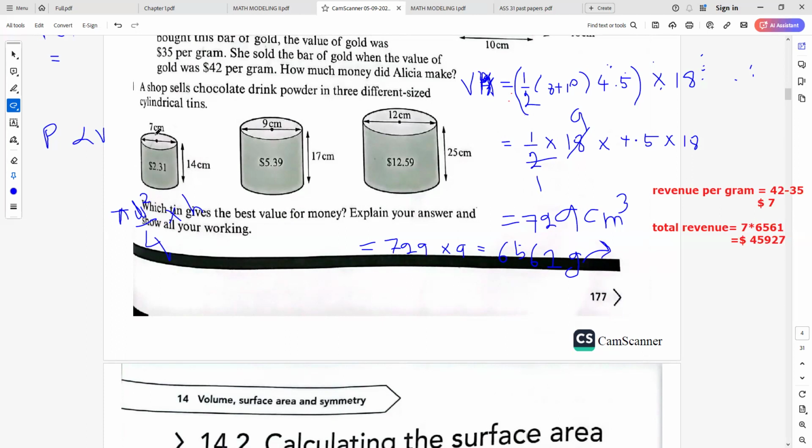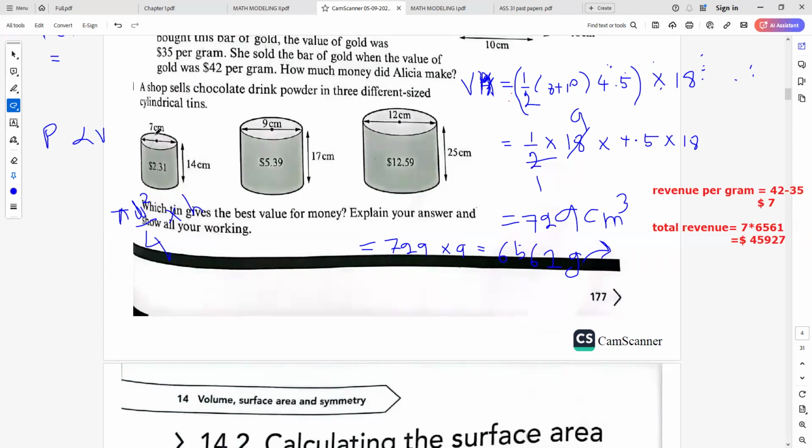Now for the small cylinder, pi d squared is 7 squared, times height 14, then divided by 4.